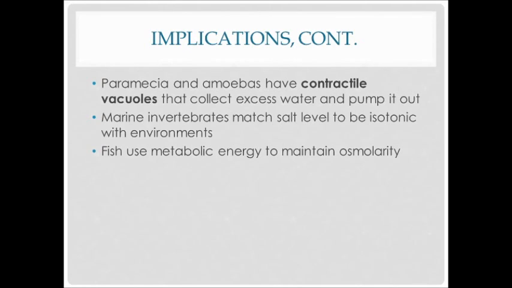And some fish use their metabolic energy. Most use about 5% of their metabolic energy. Of all the ATP they are creating for energy for any of their processes in their body, they're using 5% of that to be able to maintain their osmolarity and pumping the right amount of salt into their bodies. And that will vary depending on the type of fish.